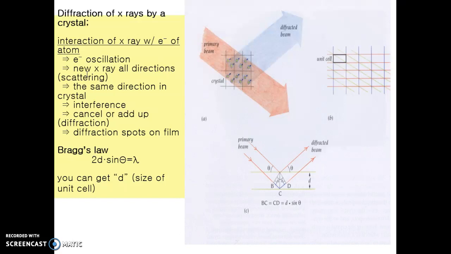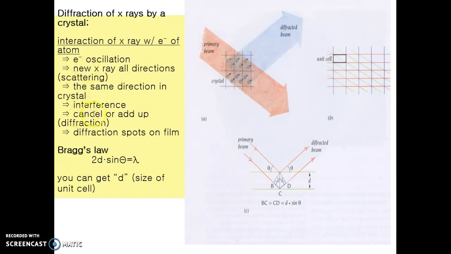atoms, and hence their electrons, are arranged in a regular three-dimensional array, as in a crystal. The X-rays emitted from the oscillating electrons interfere with one another.